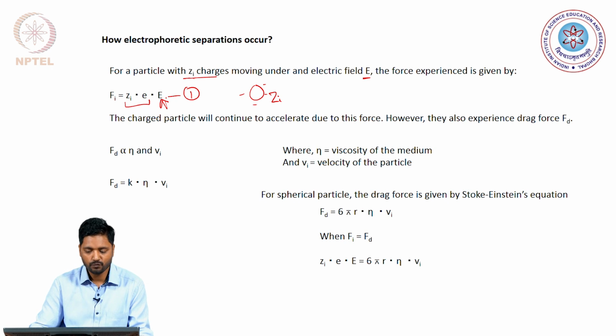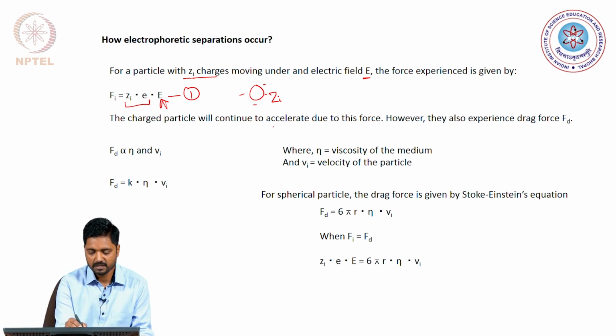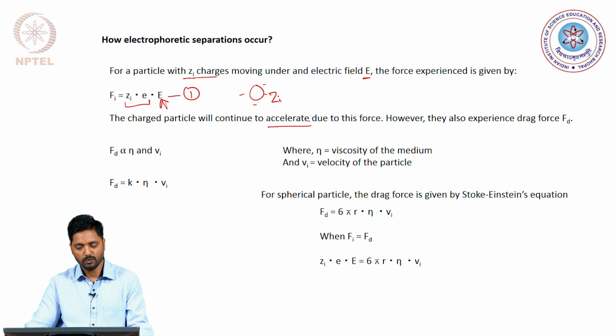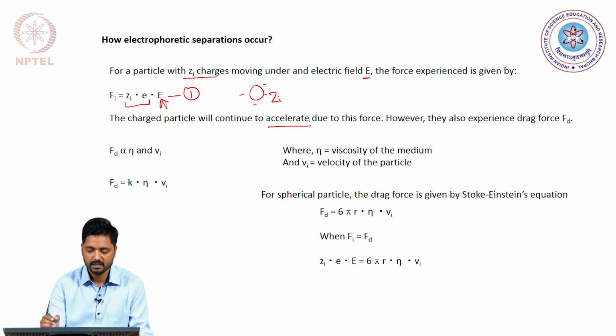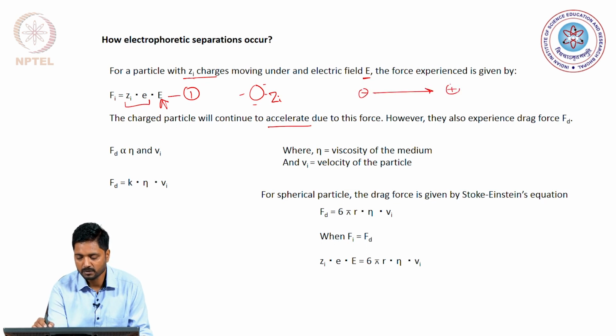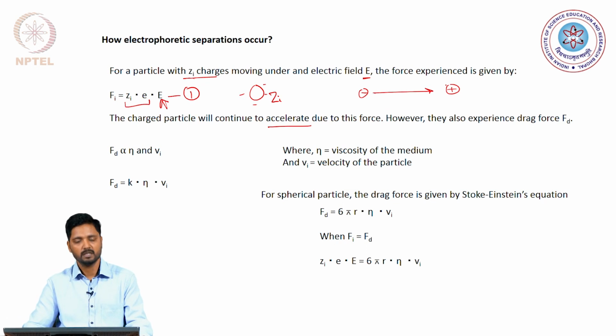So, this force accelerates the particle towards the cathode, and the particle moves from the negative electrode to the positive electrode under the influence of this force.